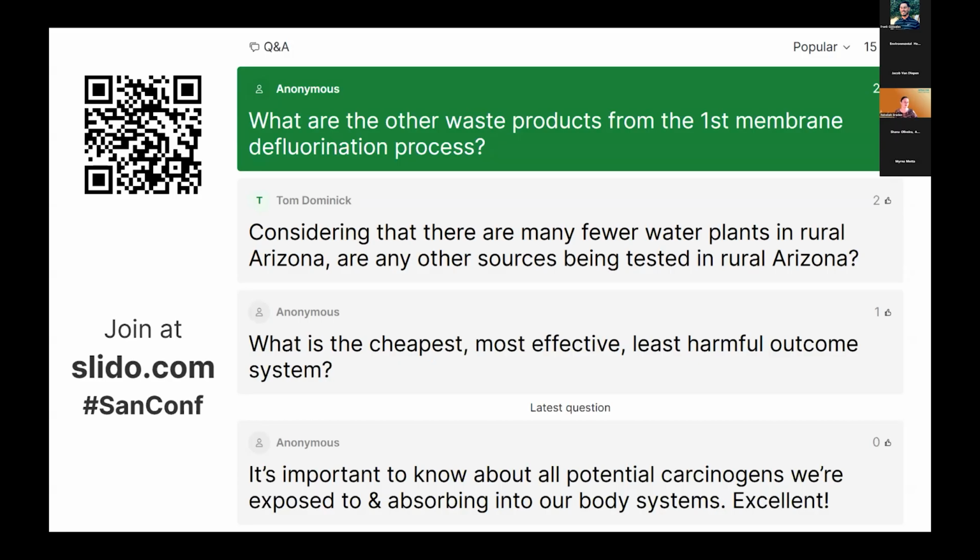What are the other waste products from the first membrane defluorination process? There really aren't any waste products. The water goes into the first stage, you do reductive defluorination, and you produce a suite of defluorinated products. We've measured this very carefully.